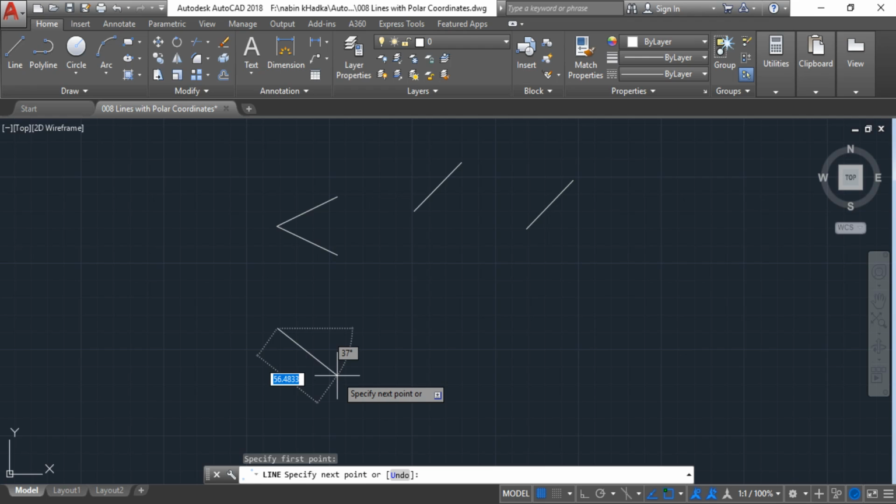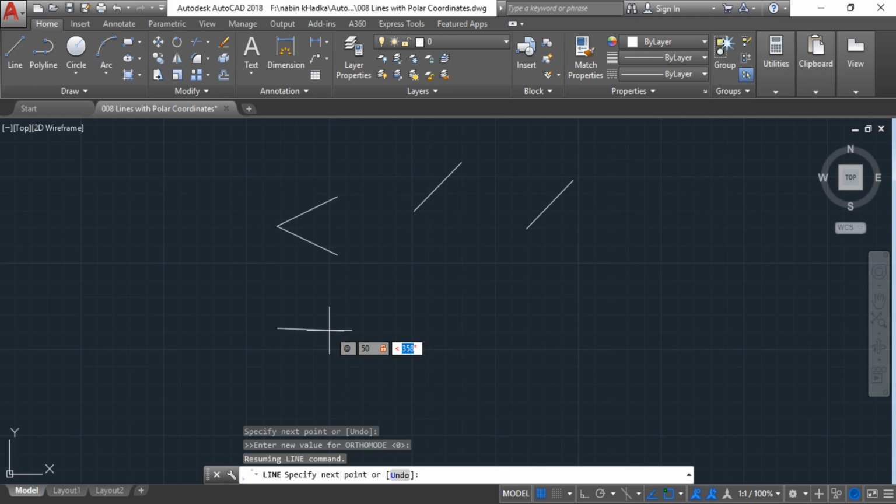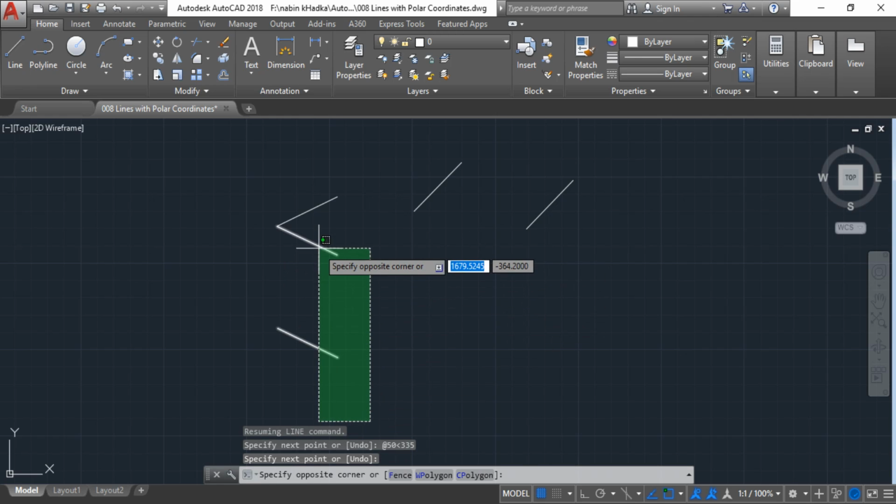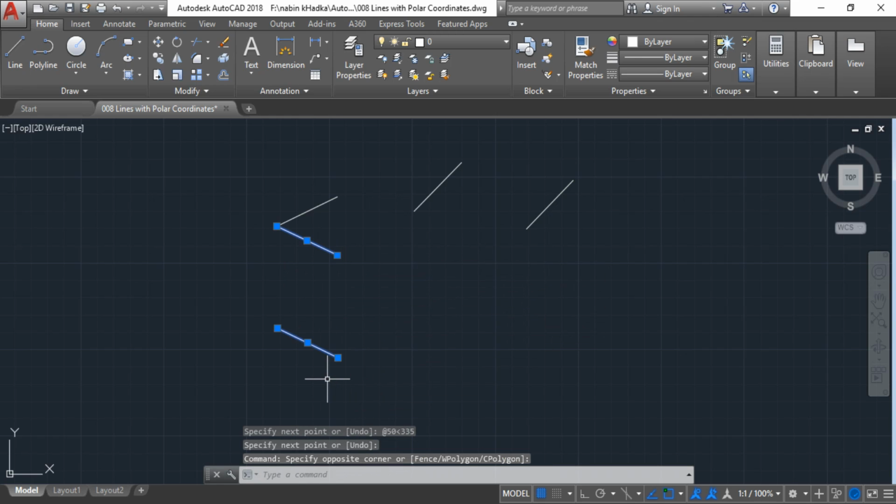The command goes as @50<335, picking the anticlockwise direction, which is 335. So here it goes. Both the lines have the same inclination, but I have constructed them applying different angles.